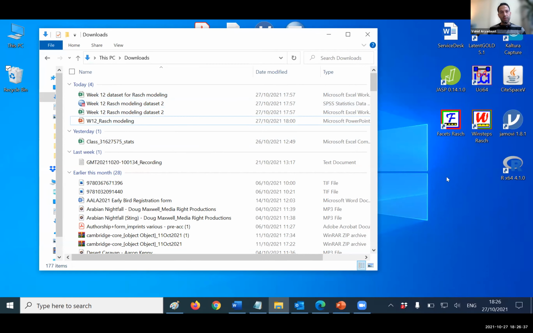Good. We have 3 data sets for today. I have downloaded them here. Can you see them? I would like to start with the first data set, the week 12 data set for Rasch modeling.